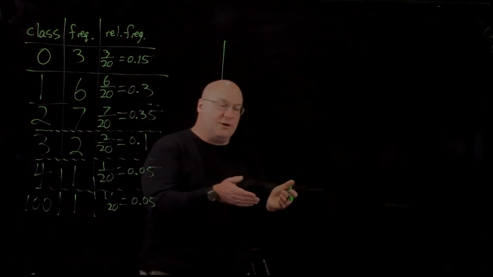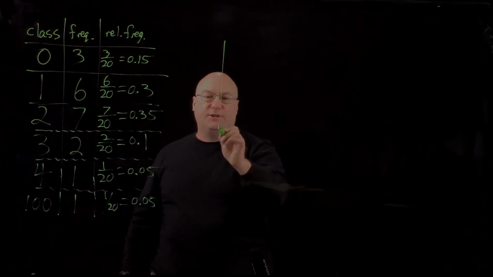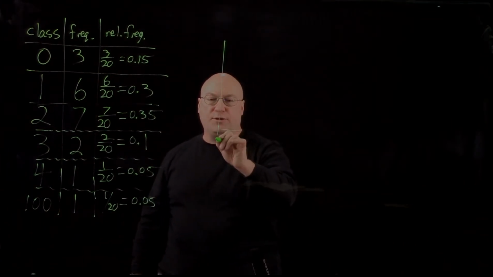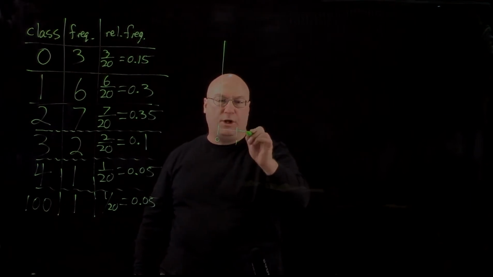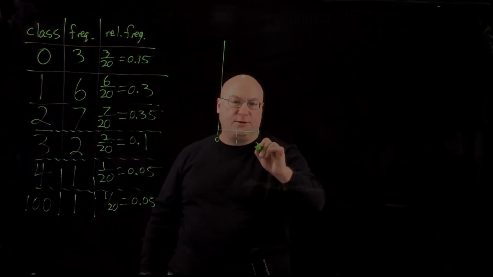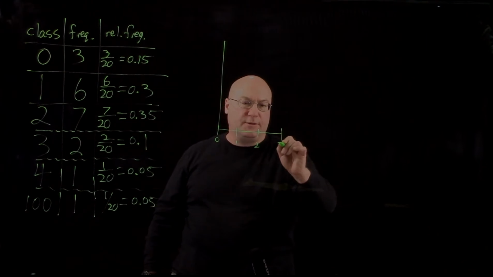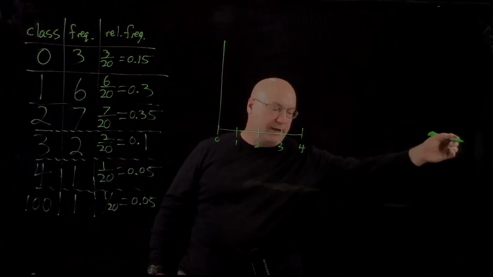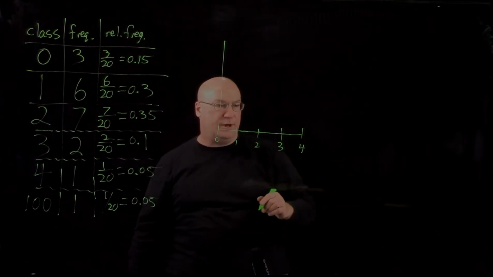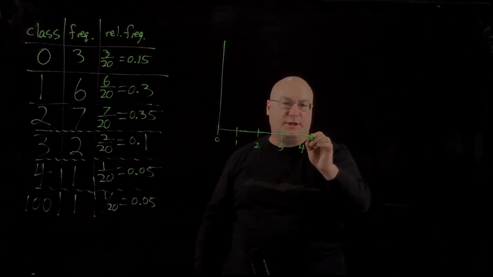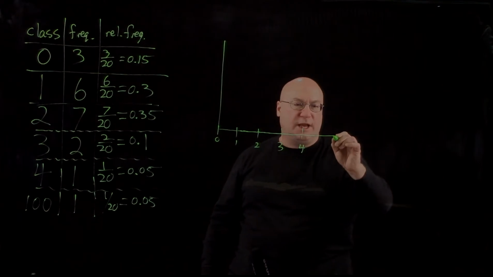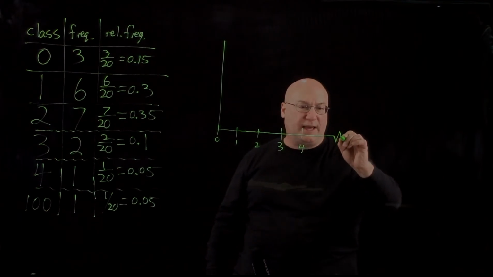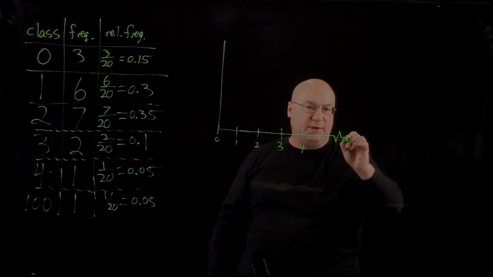So how am I going to do this on my chart? Am I going to start here with 0 and then go to 1 and then 2, 3, 4, and then 5, 6, 7, clear out and clear off the screen going to 100? No, I'm going to do a standard trick. I go out here a ways, and then do a little jag like that, which you may have seen in diagrams before.